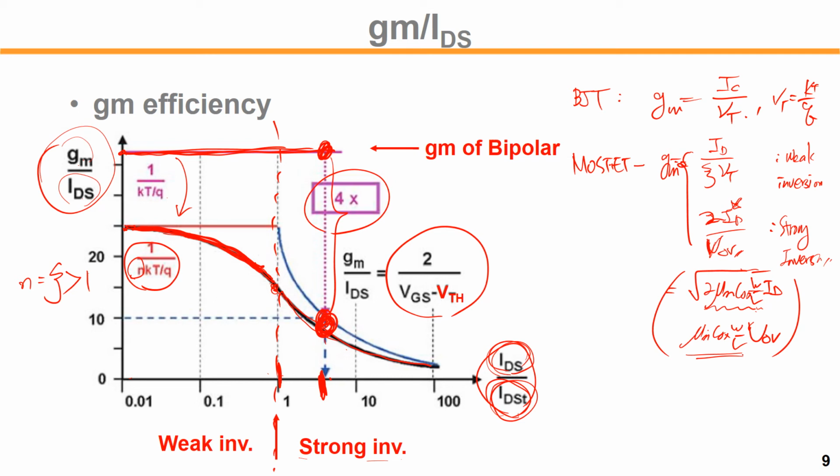But one thing that makes designers more flexible is that they can design the overdrive voltage to change the current density, and that results in different gm efficiency out of a certain amount of current.